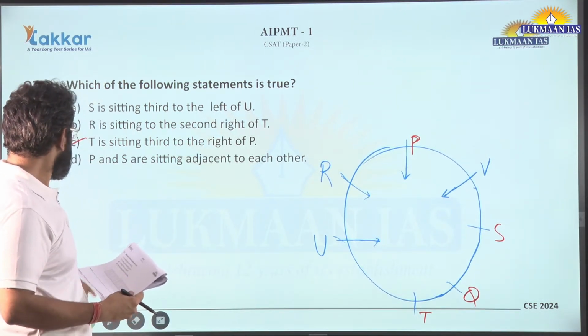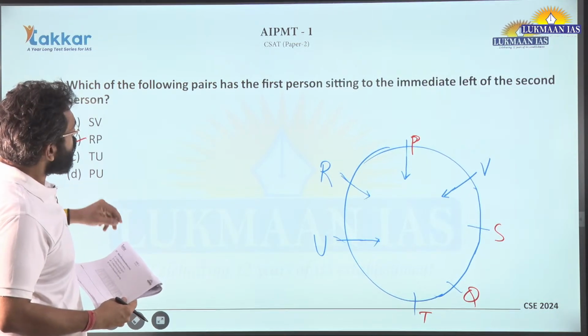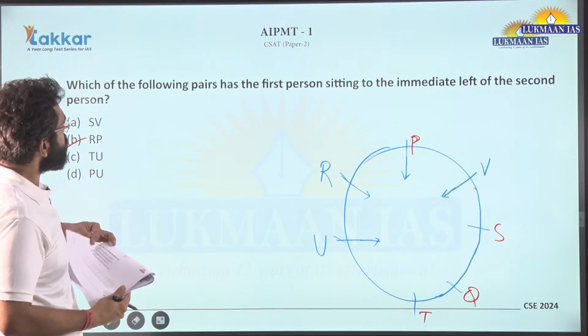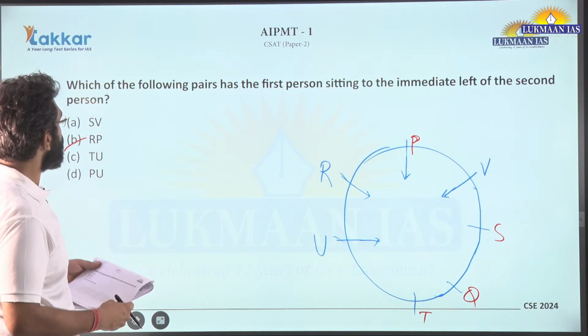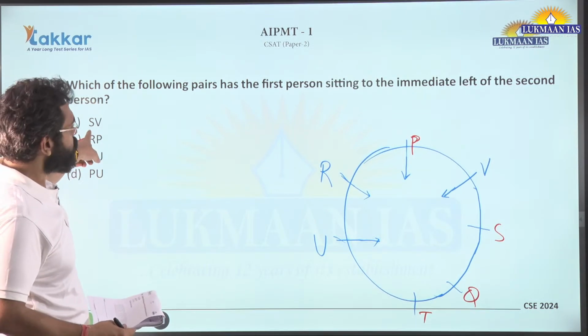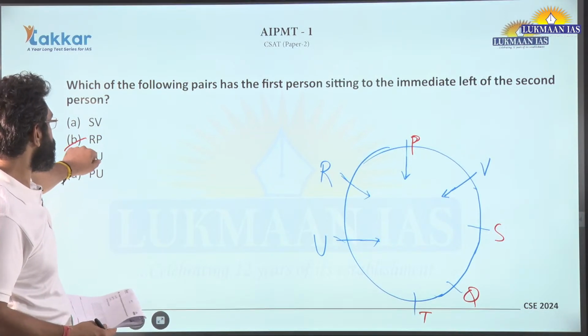Let's see next. Which of the following pairs has the first person sitting to the immediate left of the second person? First person is sitting to the immediate left of the second person, so SV.